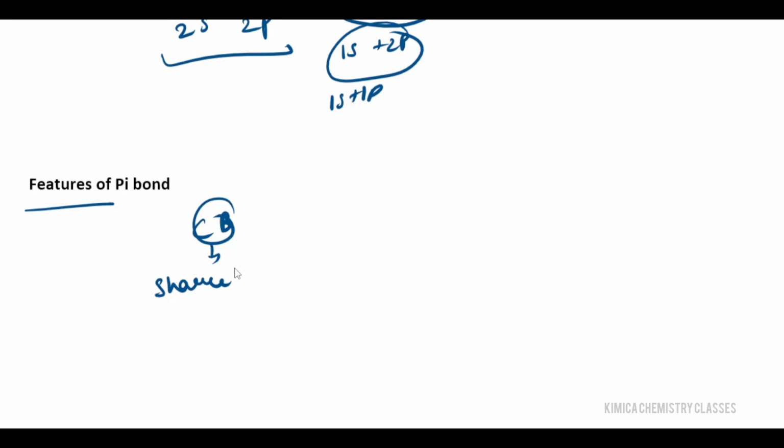When two atomic orbitals from different atoms come close, they overlap and form a new orbital. This shared orbital is called a localized molecular orbital because it belongs to both atoms and not just one, right?